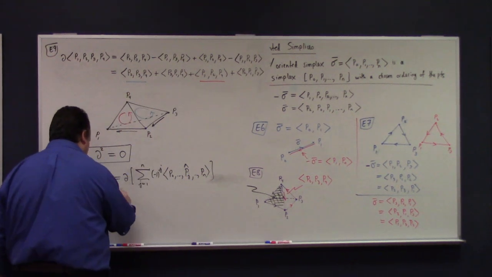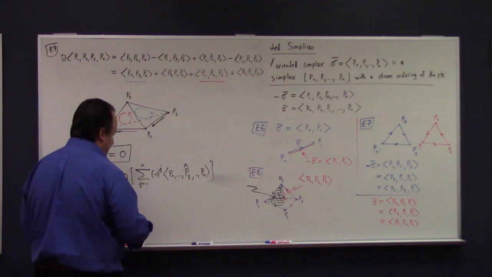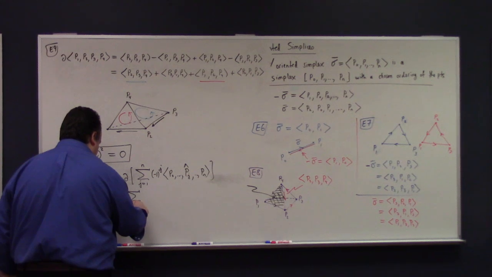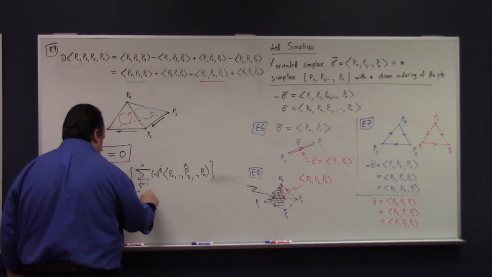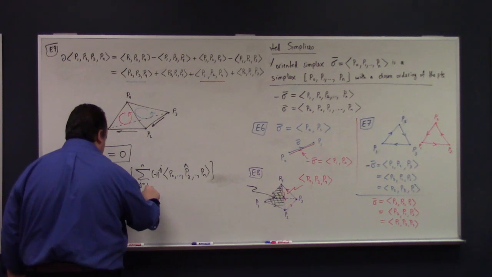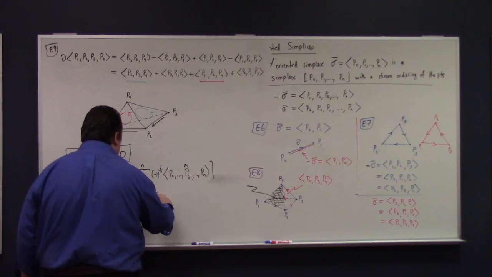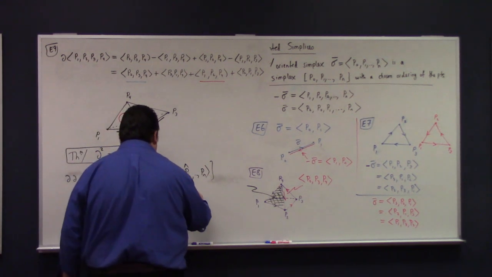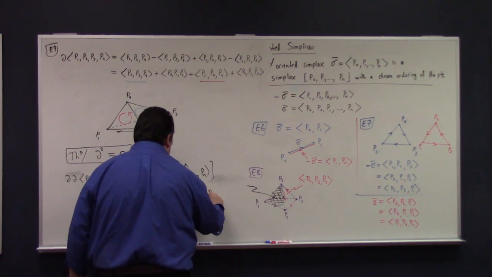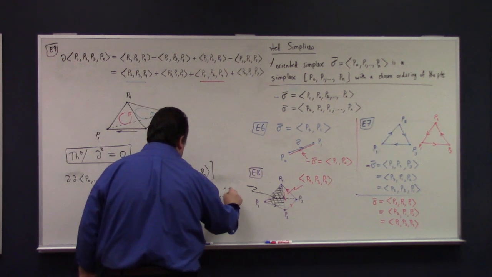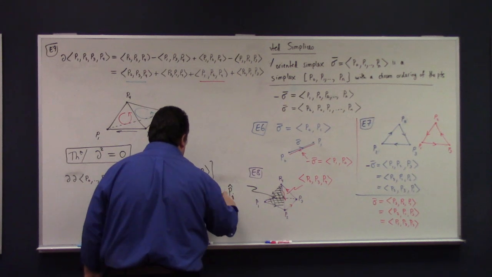But then, since we define this to be linear, we can pull the sum out. We've got the sum j equals 1 to n, and then the sum k equals 1 to n of minus 1 to the j minus 1 to the k, and we've got P0 ... We're deleting the kth face, and then somewhere here we're deleting the jth face, right?